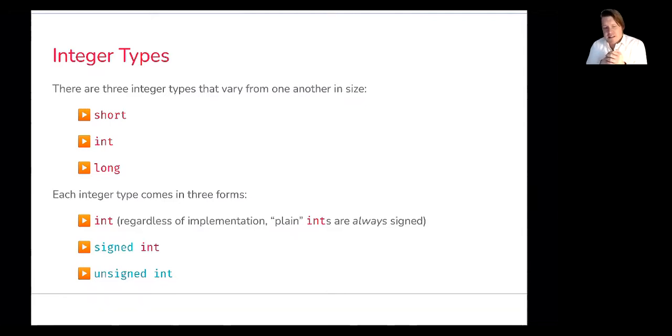An unsigned int is going to essentially use the representation of the object which was partitioned to allow us to store both positive and negative numbers, and use all of it for positive numbers.